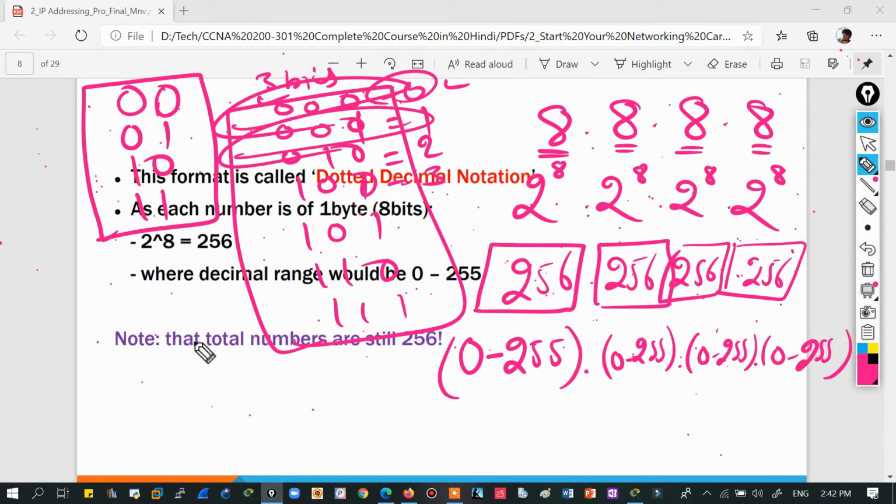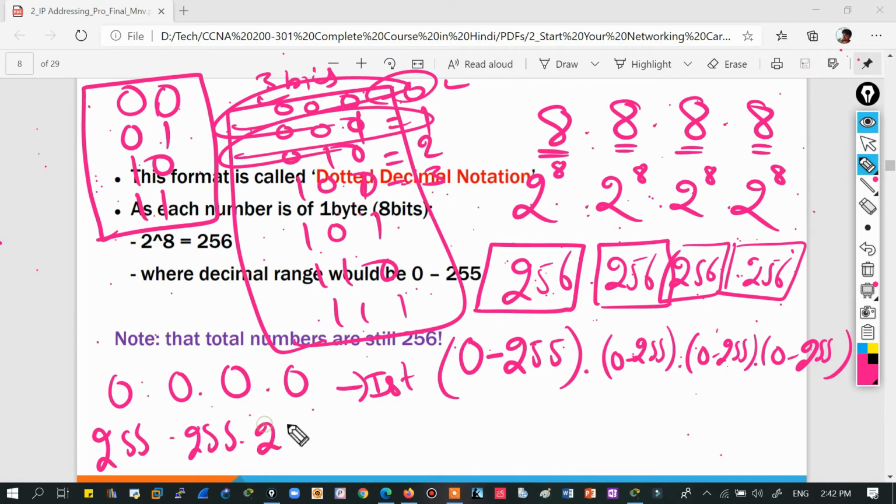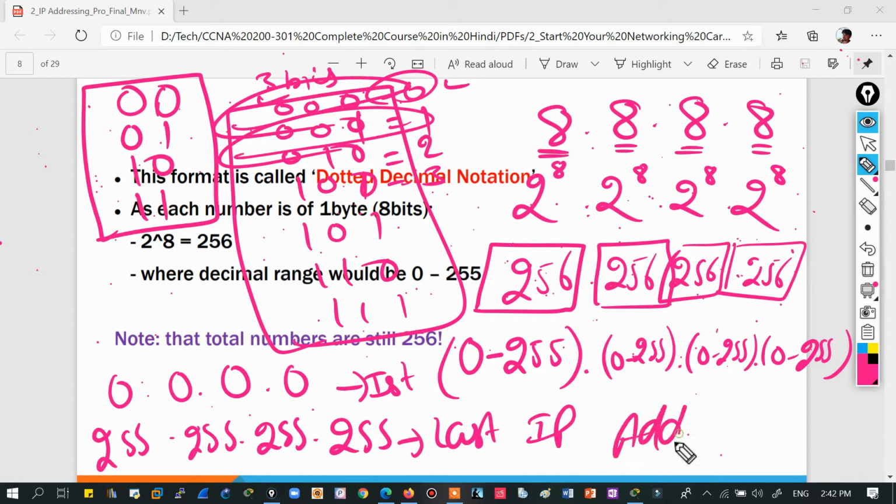So the minimum IP address will be 0.0.0.0, the very first IP address. And the last IP address is 255.255.255.255. You need to remember that the IP address range in each octet can vary from minimum 0 to maximum 255, right?